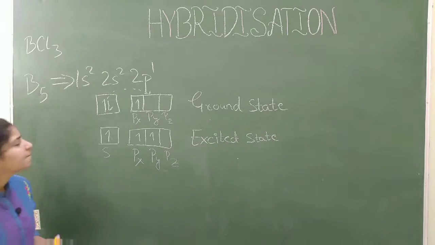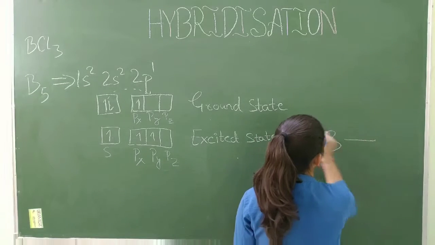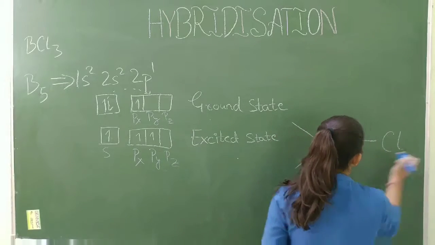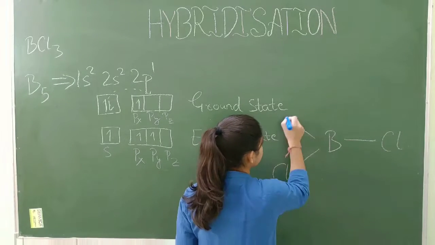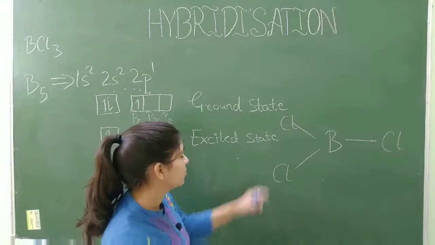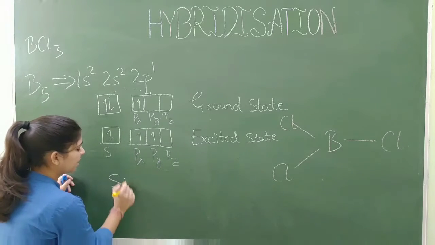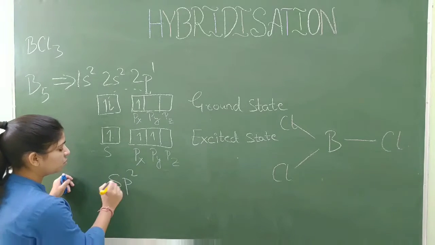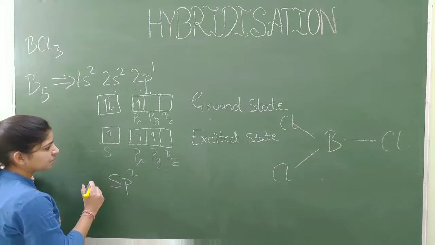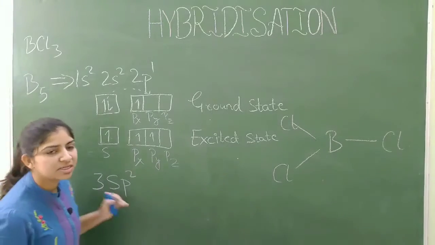So boron has 3 bonds and it will combine with chlorine, that is BCl3, using 1s and 2p, 1s and 2p. So the hybridization is sp2 and hybrid orbitals are 3. So it is 3 sp2.